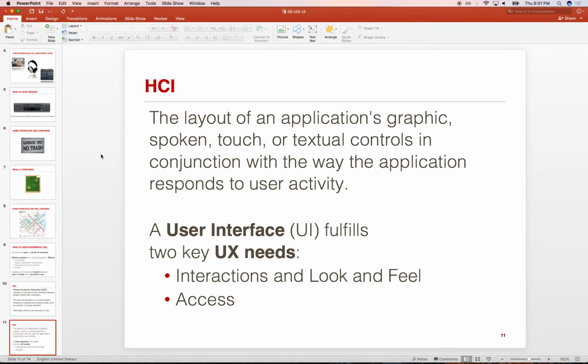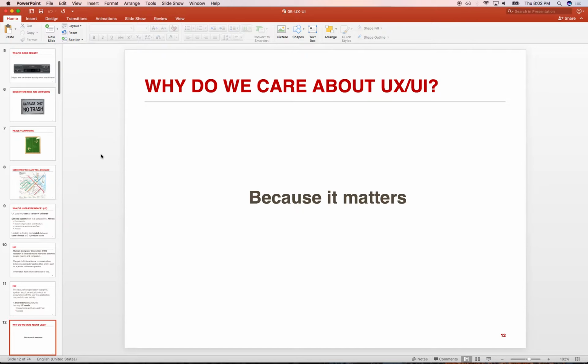So the user interface provides definitely the look and feel, but also the interaction and the accessibility to the data set. And at the end of the day, they are manipulating a data set, right? That's what they're doing. We're providing this abstraction where underneath they're actually manipulating some data set, right? And we're providing these beautiful knobs that are really just changing some number or some string in some class, right?